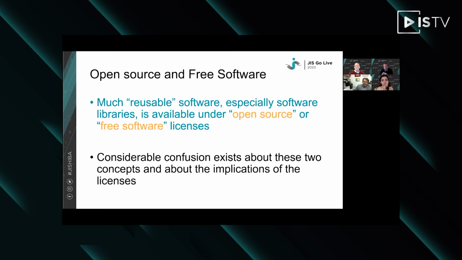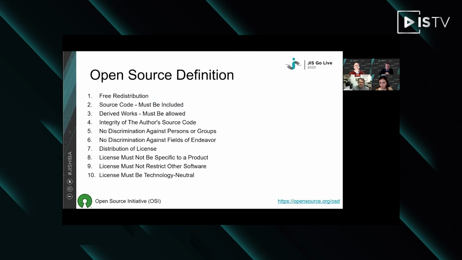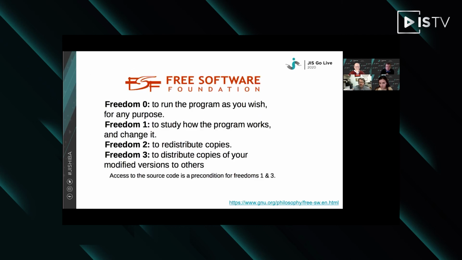I do want to briefly talk about open source and free software, though I'm not going to go into this in too much detail, because a lot of this third-party software falls into this category. I will say that the main thing to recognize is that there are differences between open source and free software. There's a lot of confusion about these two concepts and also the implication of the licenses. So I'm not going to spend a lot of time on this, but there's a different definition for open source software versus free software.